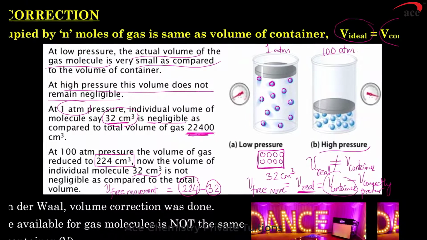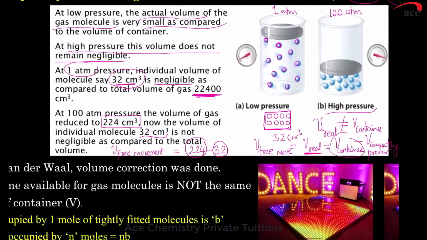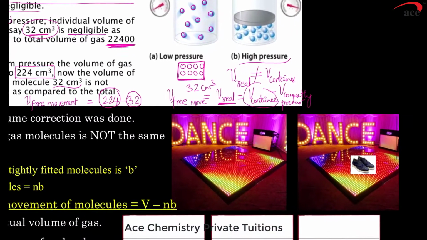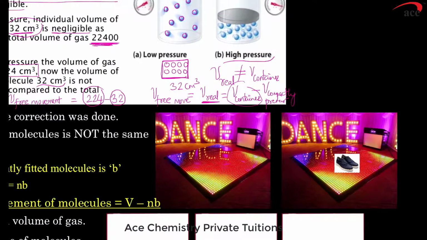Just to understand this, we'll see it from a different perspective. In this first diagram, you can see a dance floor. This is the space available for a person to dance, that is, for free movement. Now imagine one person is standing, as in diagram number 2. Then what is the space available? Is it the same space as that of the dance floor, or has the space become less?